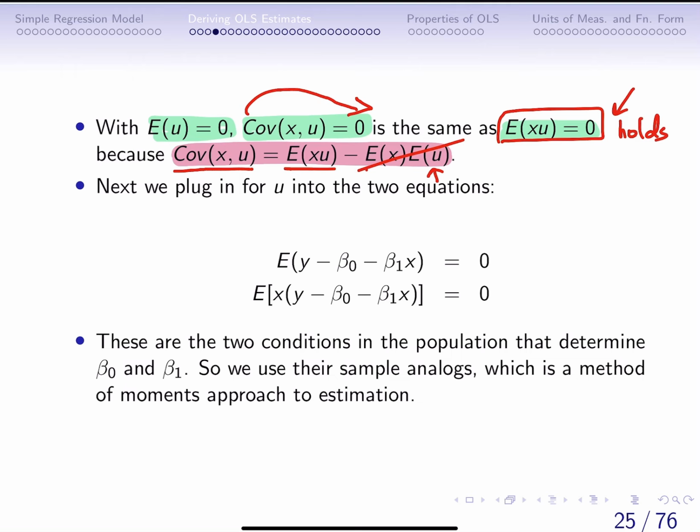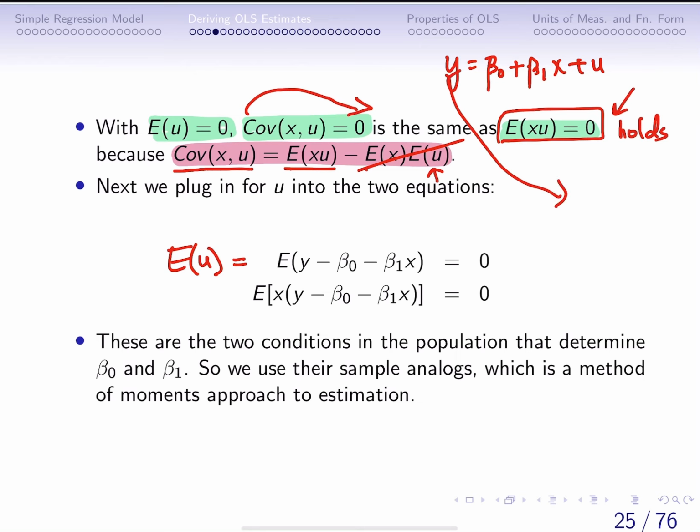Here we can write out what u is. Remember, we said that the linear regression model is y equals beta naught plus beta 1 x plus u, and you can then say this implies u equals y minus beta naught minus beta 1 x.